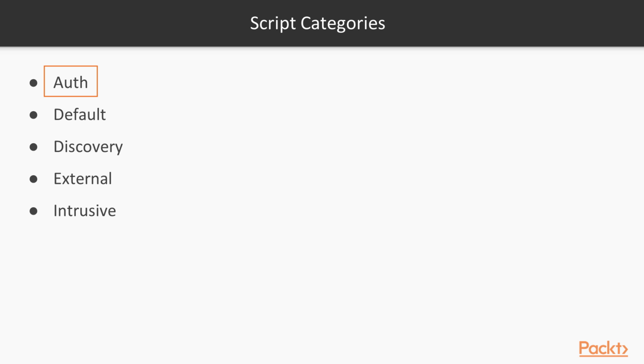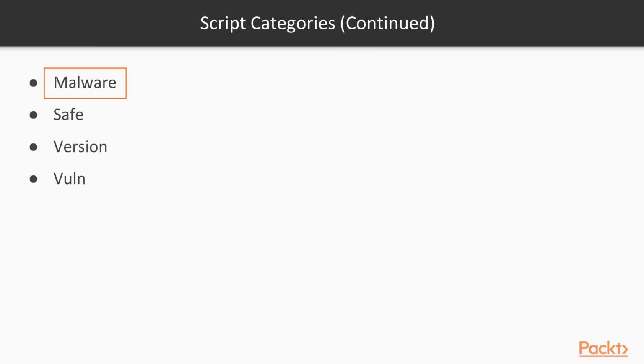But we have ones for authentication analysis, we have ones for discovery analysis, we have ones that do intrusive attempts, we have ones that check for malware, we have ones that are known to be safe and do not cause any issues with the targets. We have ones that do version and vulnerability analysis. And that's something we'll take a look at in an upcoming video, actually.